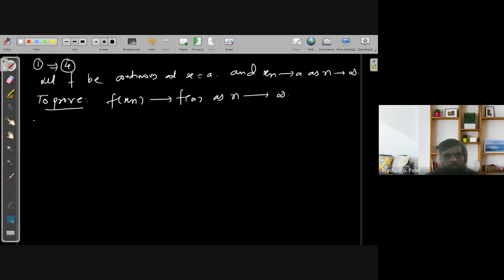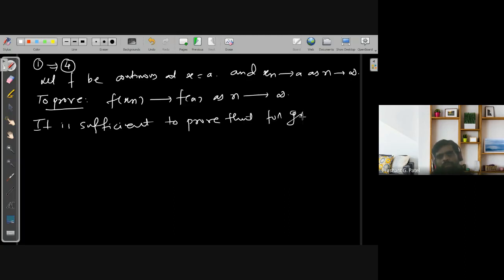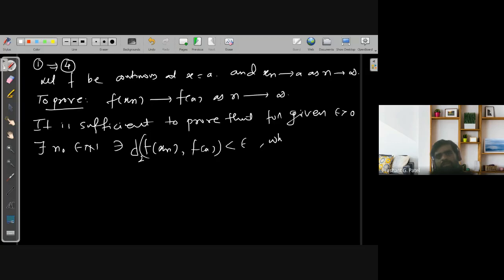It is sufficient to prove that for given epsilon greater than 0, there exists n0 belongs to N such that d2 of f of xn comma f of a is less than epsilon when n is greater than or equal to n0.